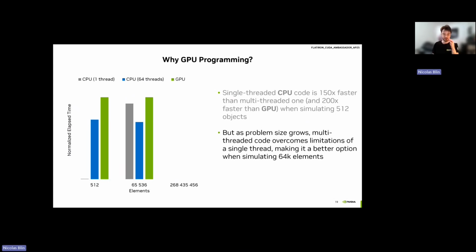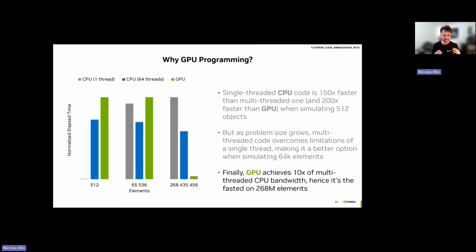If we go further, to around 200 million objects, finally the GPU is 10x faster than what the CPU can do. So now the single-thread CPU is the slowest, then the multi-threaded CPU, and then finally the GPU. Because finally we have enough elements, here 200 million, to saturate the entire power of the GPU.